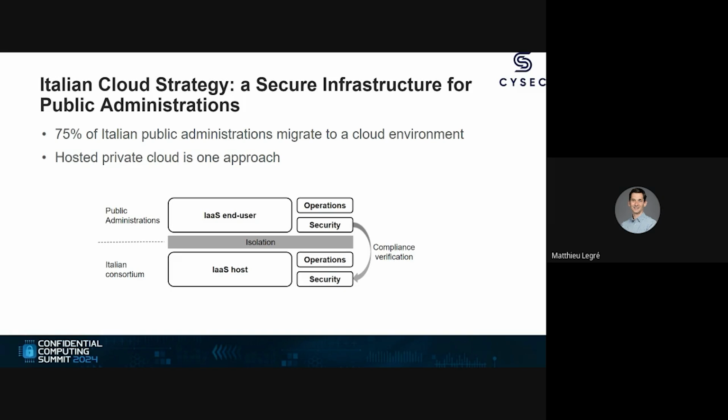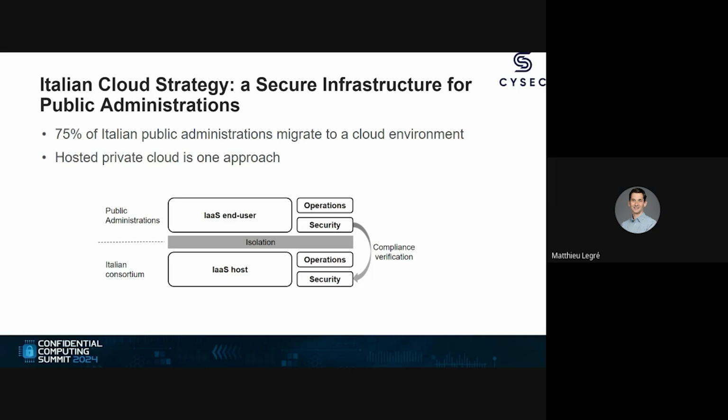So somehow they want to be able to control and verify that the security mechanisms applied by the host are compliant with the end user security policy. So that's the use case we want to address.